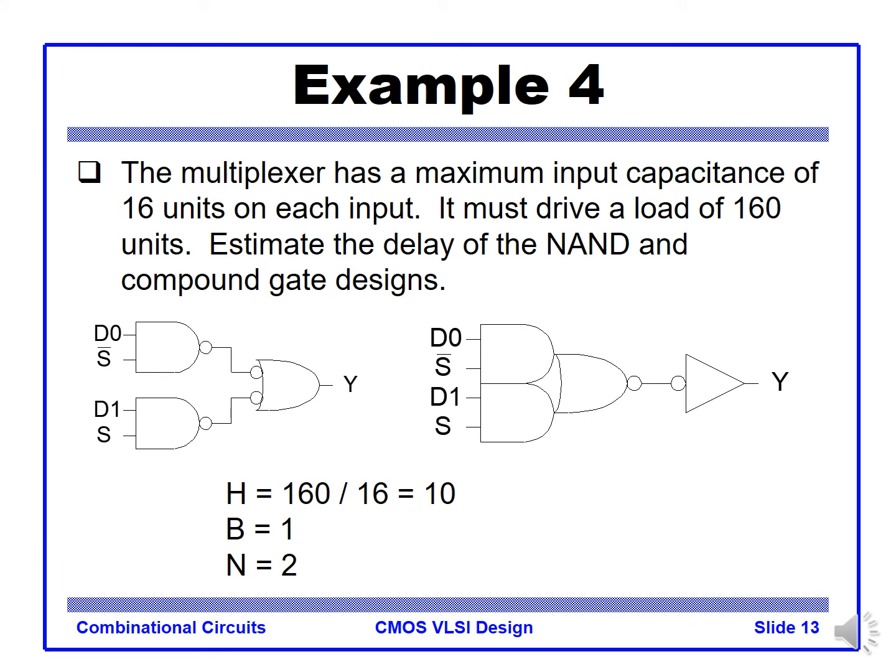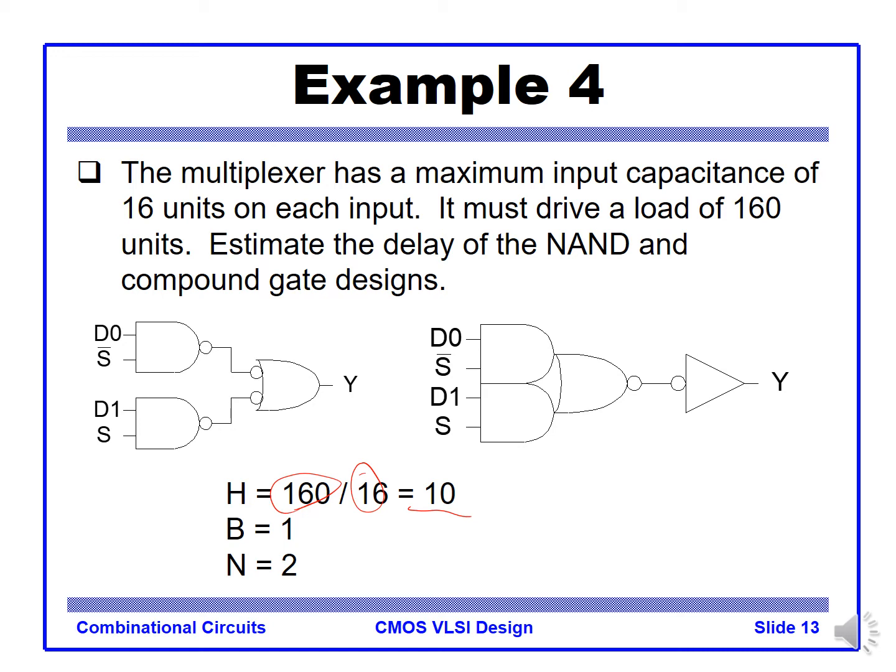So these are the two different examples. One uses the NAND gate implementation, the other one is the AOI and inverter compound gate implementation. We know that H is the path electrical effort. The output load is 160 C and the input capacitance is 16, so total H becomes 10.